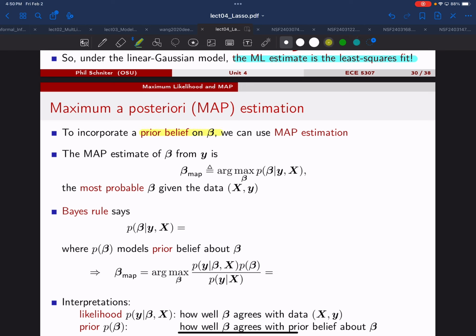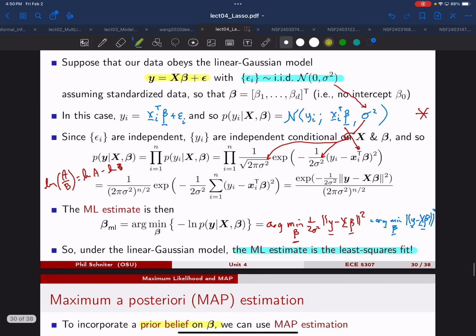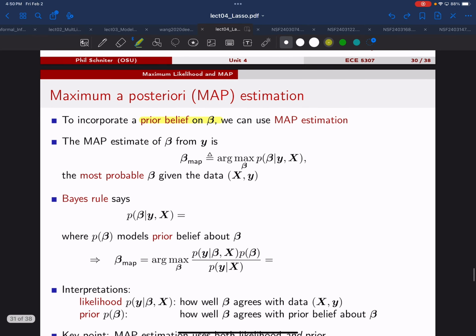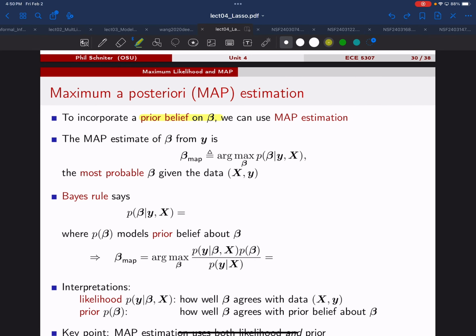So I have some prior belief. Maybe the hint is like, your beta should be really close to 0 in some sense. That should affect me. If I capitalize on that information, maybe I'm not going to do this anymore. Maybe I'm going to do something a little differently.